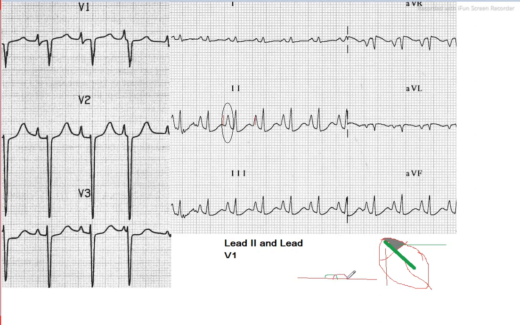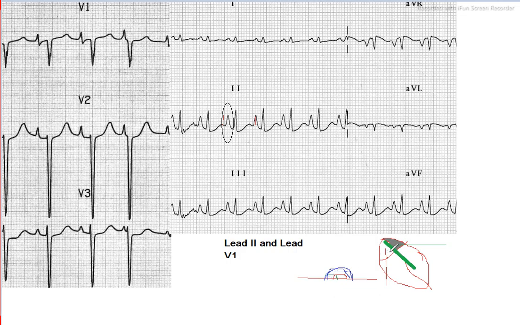These will overlap each other, and in the resultant you will have a P wave like this. One thing you need to keep in mind is that in the normal P wave morphology, the height of the P wave is less than 2.5 small square boxes, and the duration of the P wave is again less than 2.5 small square boxes.